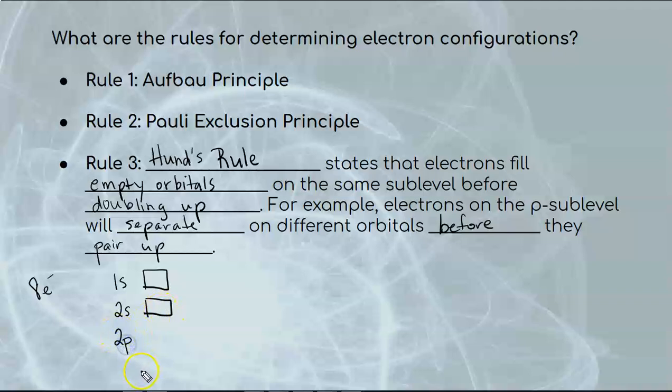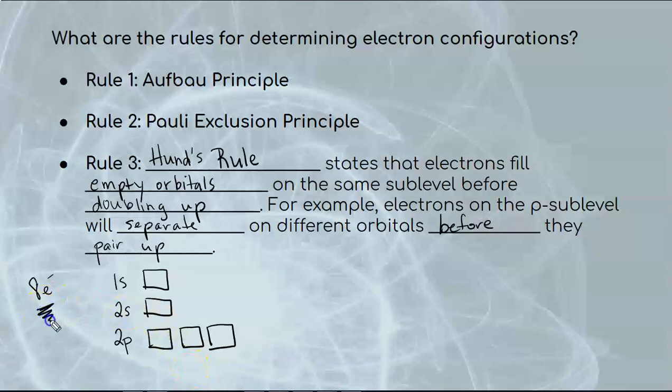Then let's look at 2p. If you remember from our information on atomic orbitals, a p sublevel will have 3 orbitals. So I'm going to draw 3 orbitals here. These 3 orbitals are all on the p sublevel of the second energy level for oxygen.